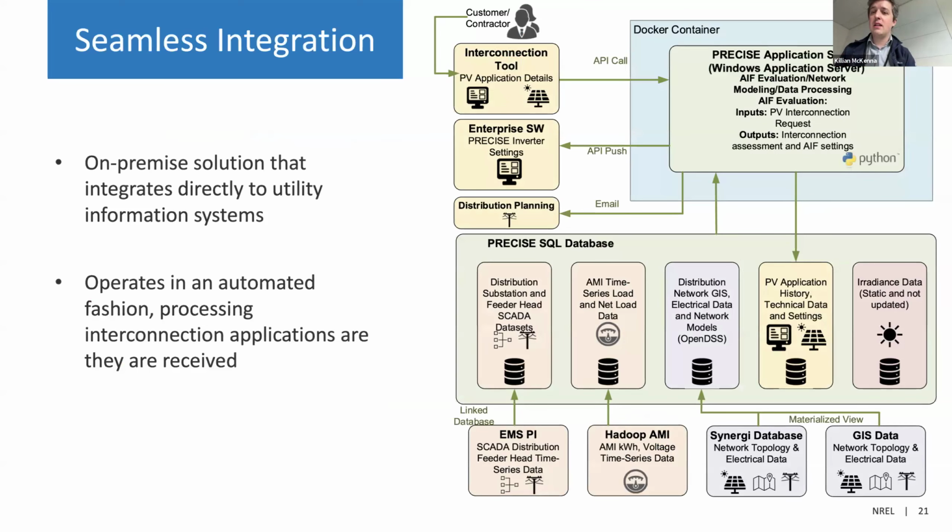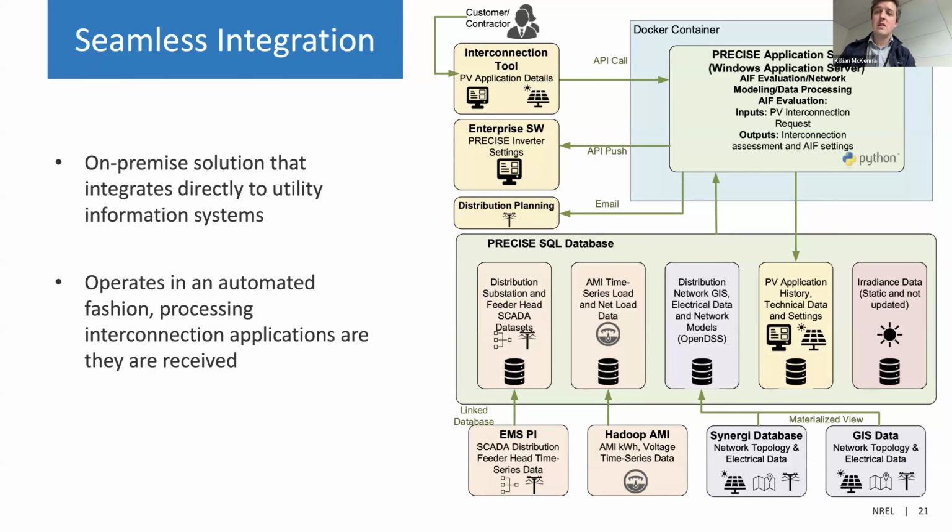And in terms of the integration, there's a lot of different databases that we're leveraging in terms of GIS, in terms of power flow, in terms of AMI, in terms of where SCADA is. So there are some unique Precise SQL databases that bring these different elements together in these different data architectures as well.